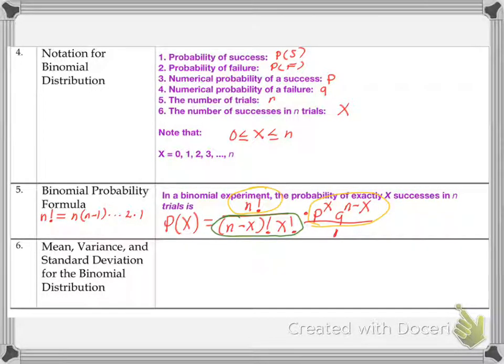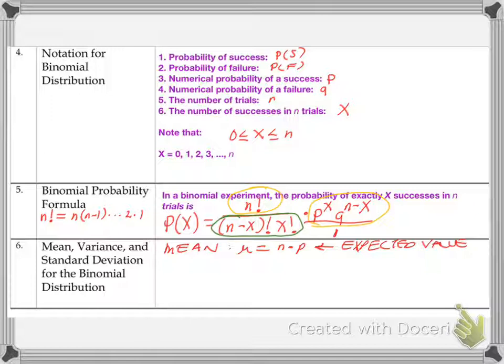And then number 6, mean, variance, and standard deviation for the binomial distribution. Here the mean should look familiar because we use mu, the Greek letter mu, which equals n times p. Remembering from the last section, this is actually our expected value formula.